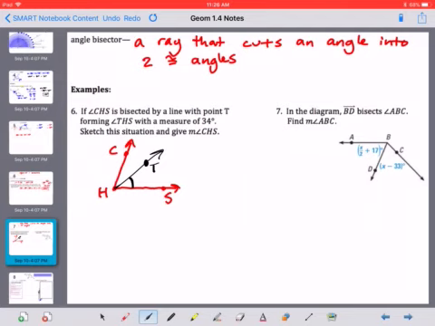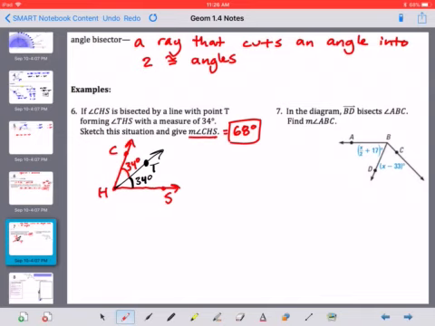So this angle here has a measure of 34 degrees. Well, if this black line here is a bisector, that tells us this angle also has to be 34 degrees. So to find the measure of angle CHS, we just add those 2 angles together, and that tells us it would be 68 degrees.